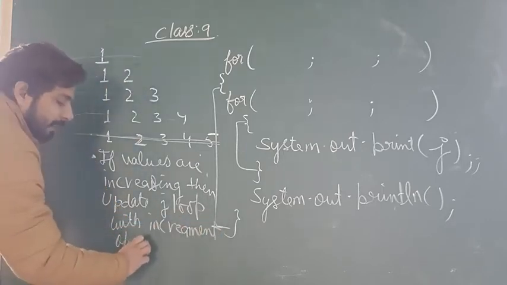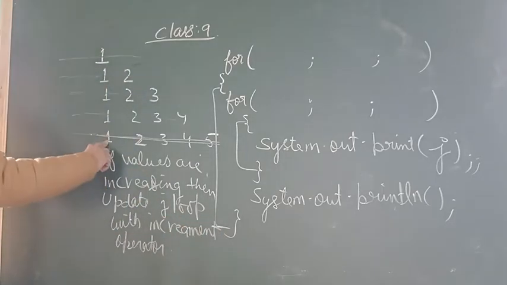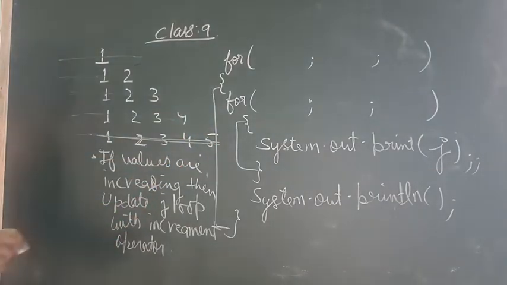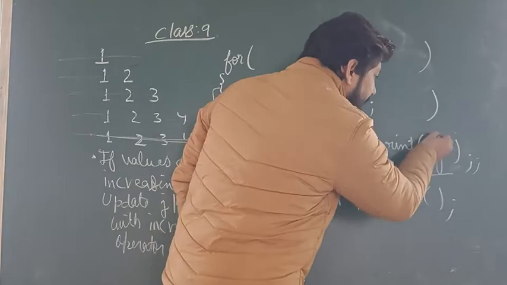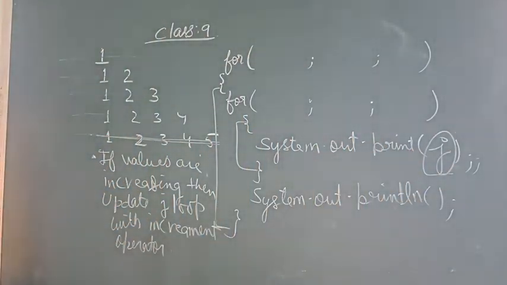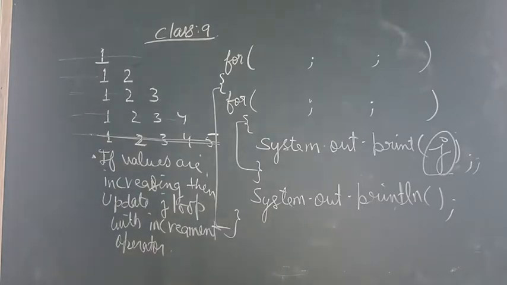And if it is decreasing, suppose it is 5 4 3 2 1, then we will say minus minus. Now listen very carefully: when your j is printed, that means your inner loop initialization, condition and updation will be filled.